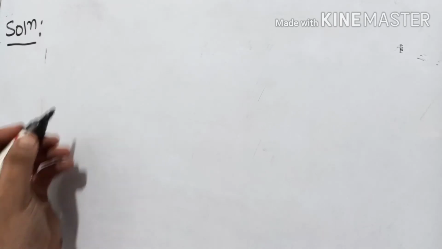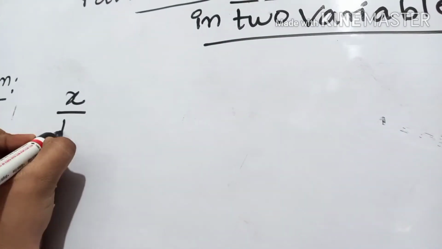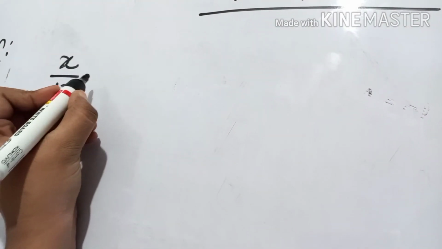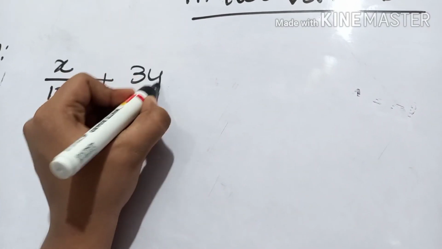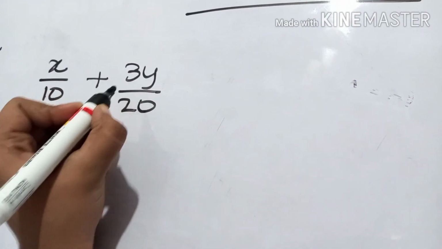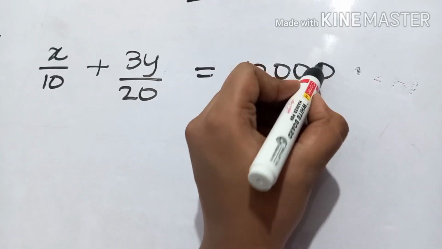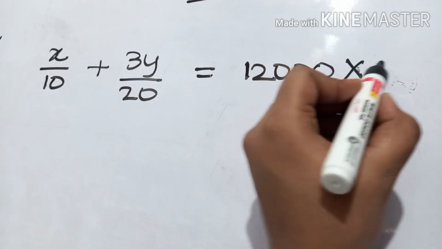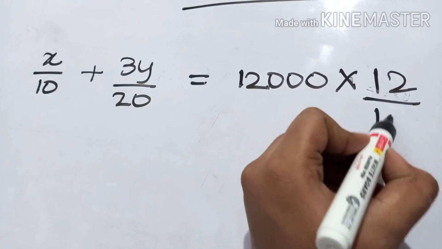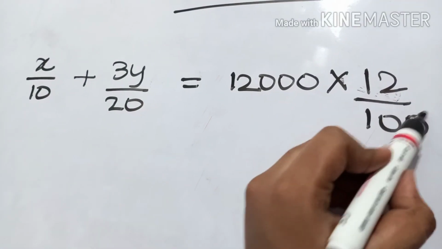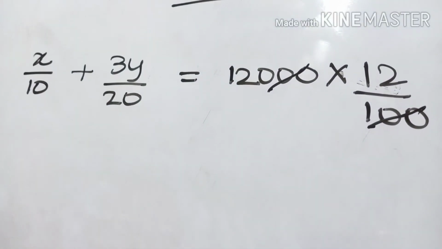Now we have the two terms, x by 10 and 3y by 20, and we know the total amount, that is 12,000 into 12%. They have asked about 12%. So here 2 zeros get cancelled.